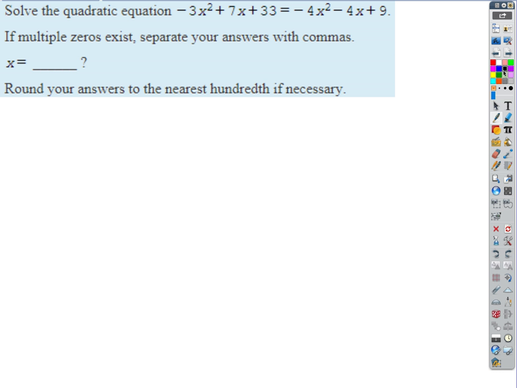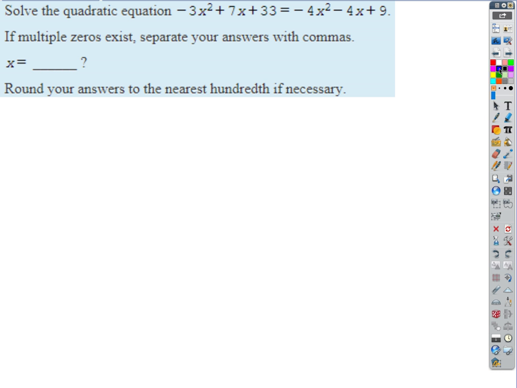Now which side? The answer is either way, but there's one that's slightly better. In which direction should we move all the terms? Push them to the left or push them to the right? Push them to the left, because the rule is we always want a positive number of x squared. That makes life a lot easier in the next few weeks, right? So we're going to move everything to the left. What does that mean I have to do to both sides?